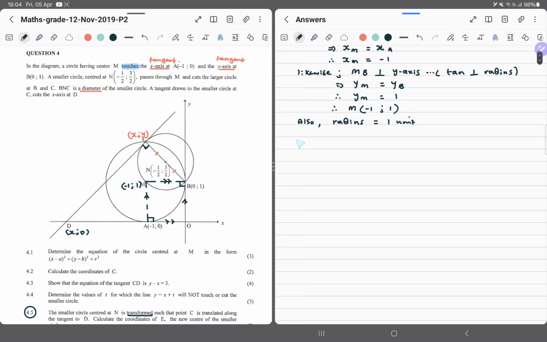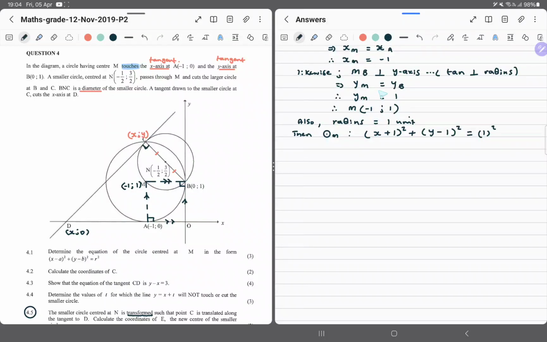So what do we then say? We can say the circle with center M will be such that x minus the x-coordinate at the center, which is (x + 1) all squared, plus (y - 1) all squared, where 1 is the y value at the center, should give us 1 squared.